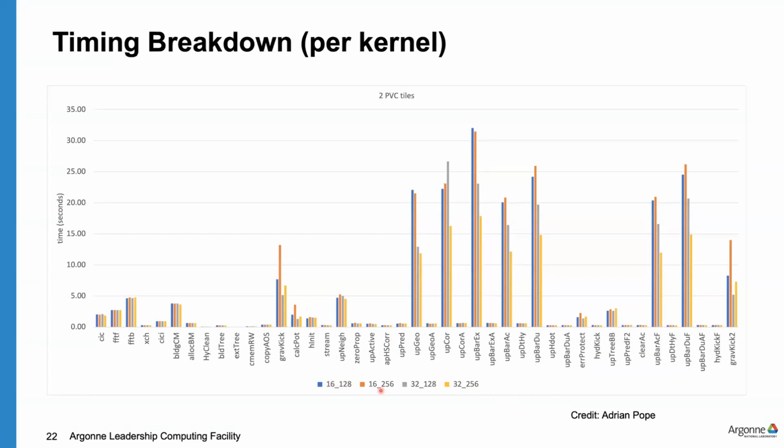So, timing breakdown. One thing we noticed is that we get quite a bit of speedup by using Intel's large register file, the 256 GRF. All of the entries in the legend that end with 256 are using this large register file. What that means is that we use half the number of threads on each compute core.